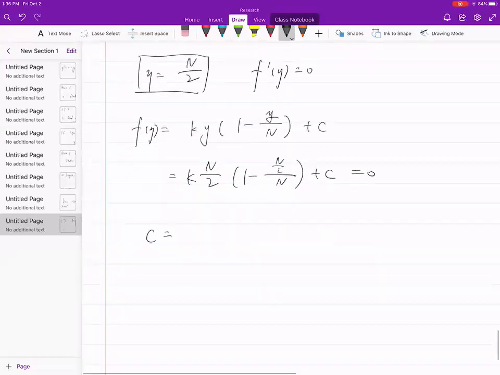You have c equals k n over 2 times one half minus 1, which is negative k n over 4.